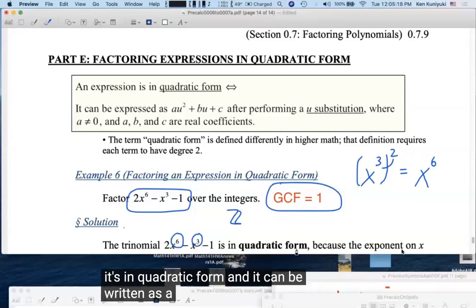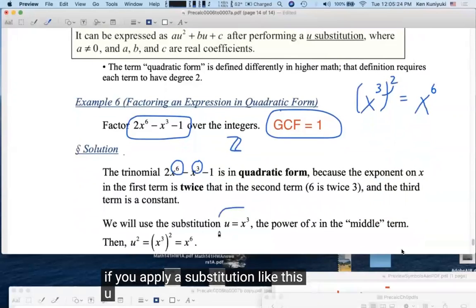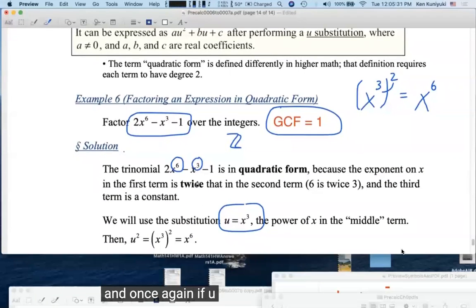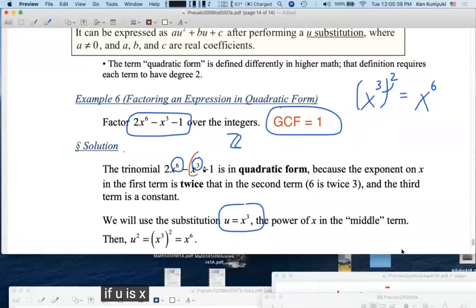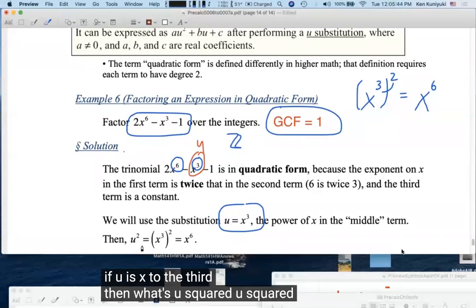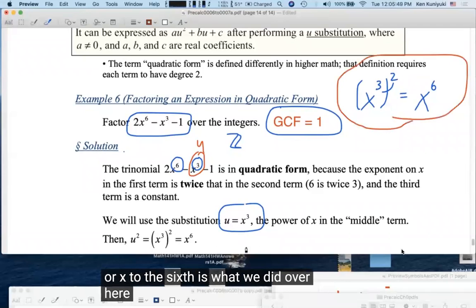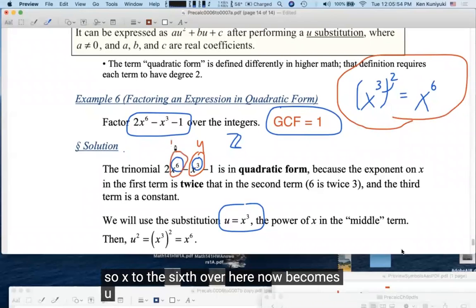If you apply a substitution like u equals x to the 3rd, that middle power of x, then u squared is the square of x to the 3rd, or x to the 6th. So x to the 6th now becomes u squared.